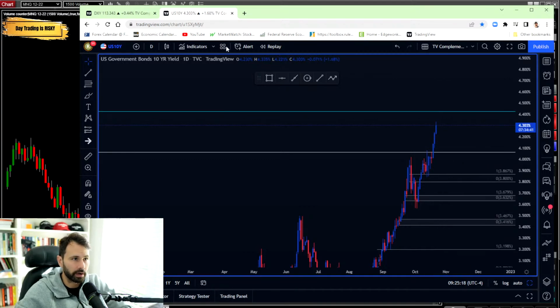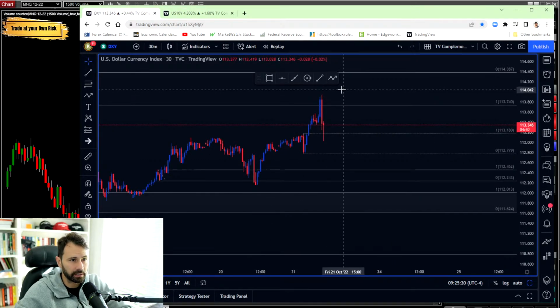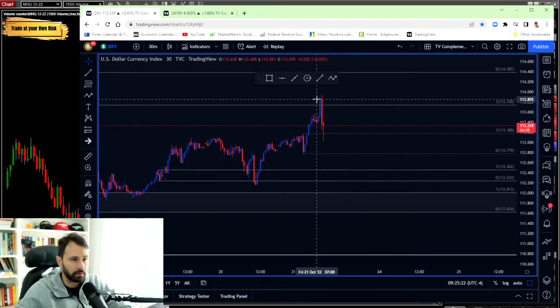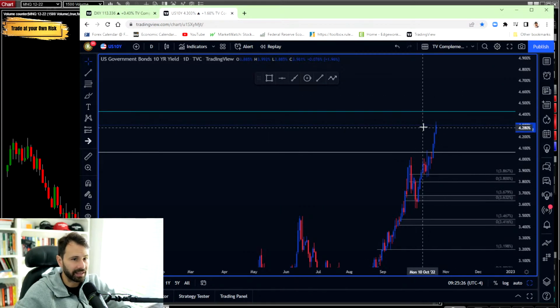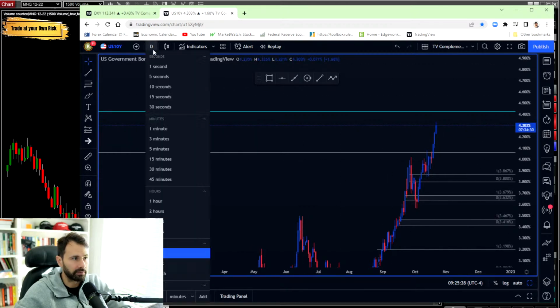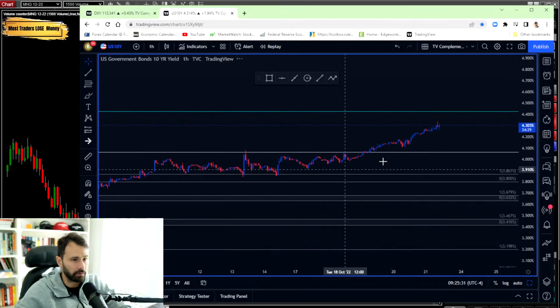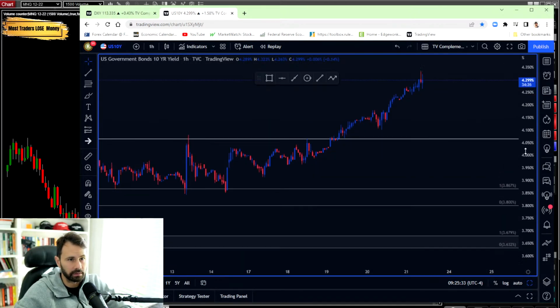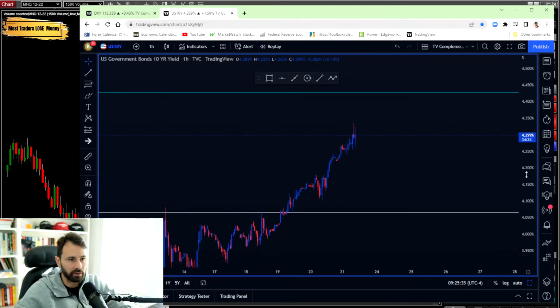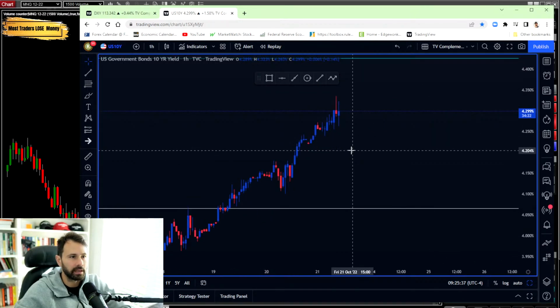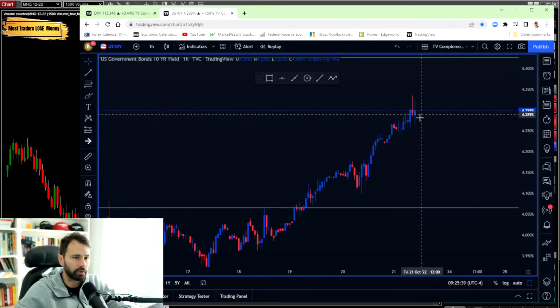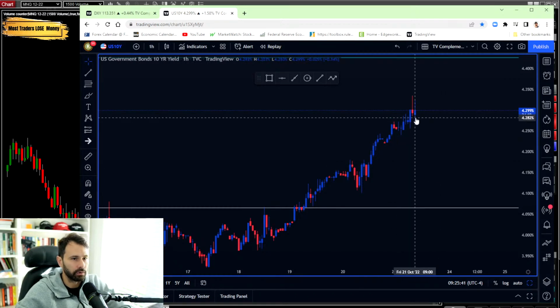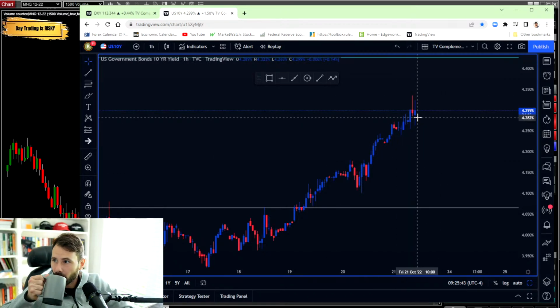So I want to be aware the dollar has some supply here, right? Which already started to work. I don't have anything here, so I will need to have this one on. I would like to see the 1 hour, right? If the 1 hour starts to break to the downside, then I'll put on the 10-minute. Those are the time frames that I like to look at for the bond yields.